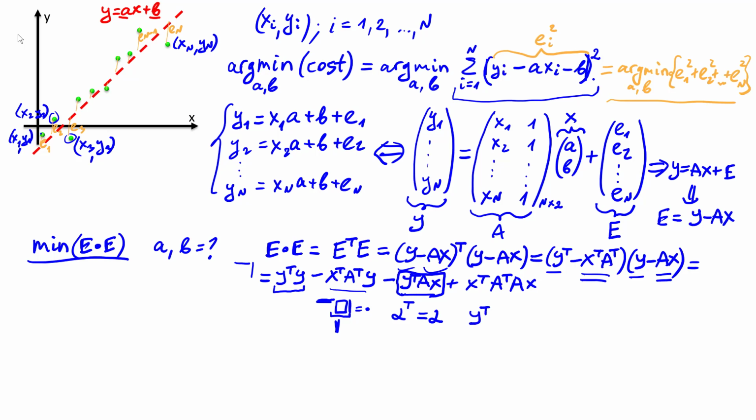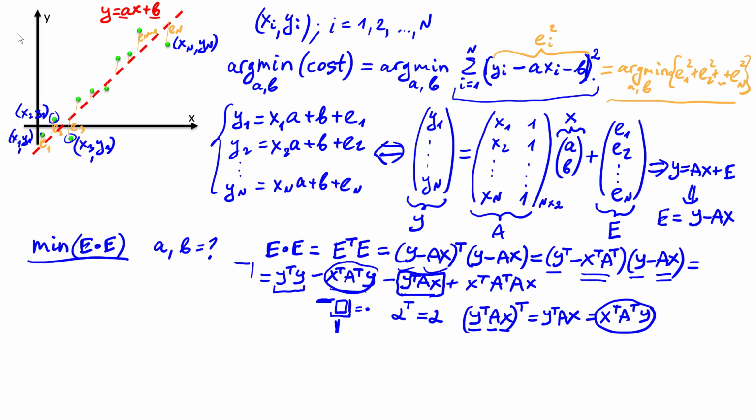So y transpose A x transpose is technically the same thing as y transpose A x, but it equals, first of all, we start with x transpose, then A transpose, and then y transpose transpose, which is y. Pay attention that this thing is exactly the same thing as you have here.